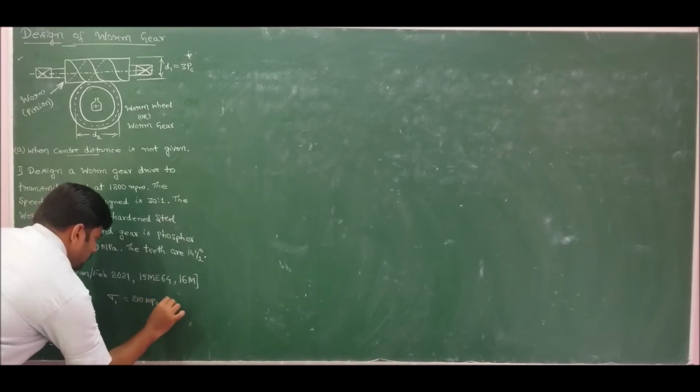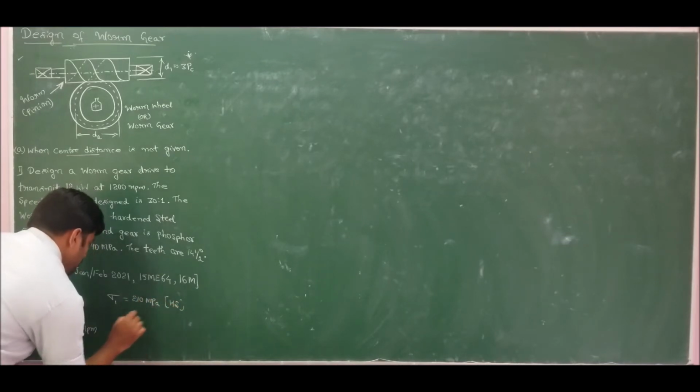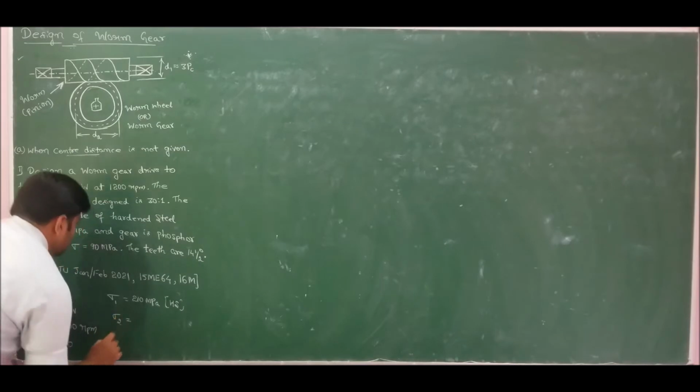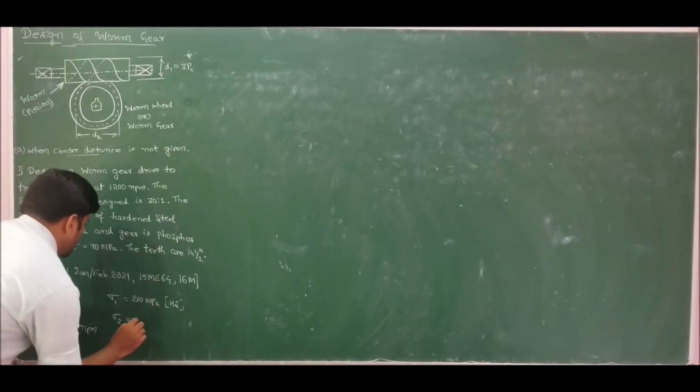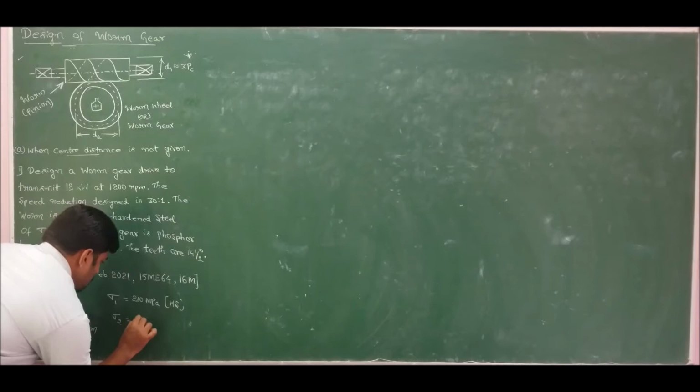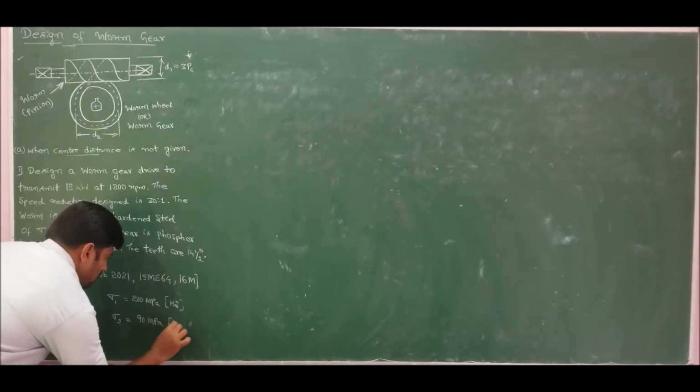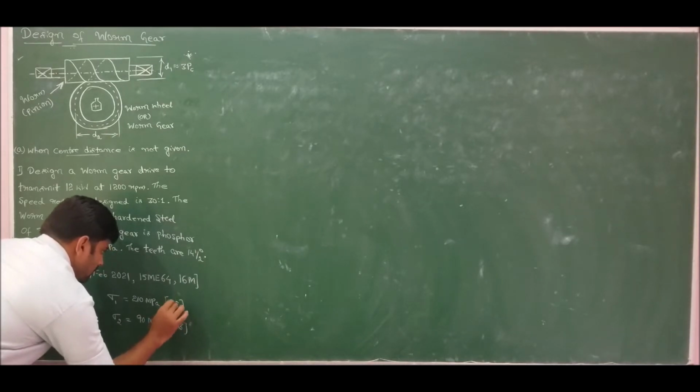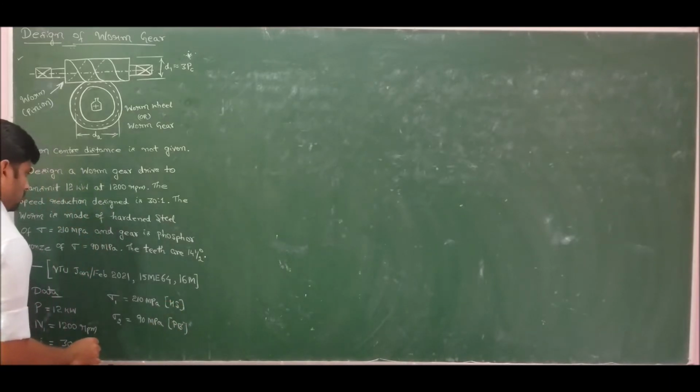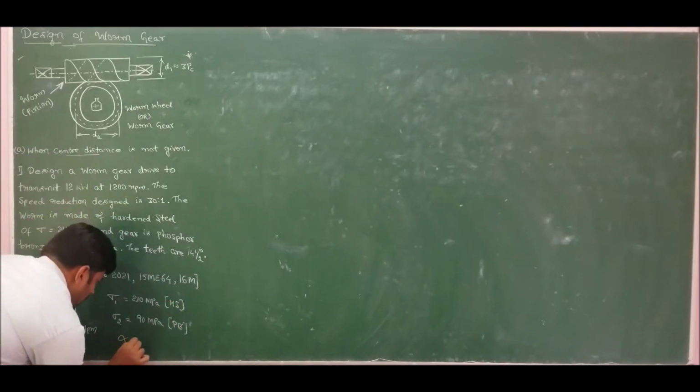The worm is made of hardened steel, and the gear is made of phosphor bronze with sigma 2 as 90 megapascals. And he has given the value of alpha, which is 14.5 degrees.